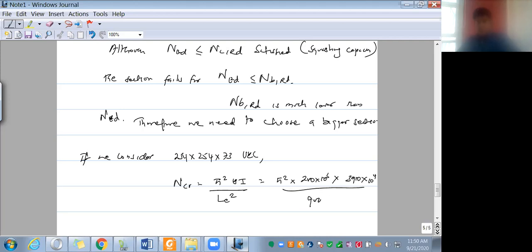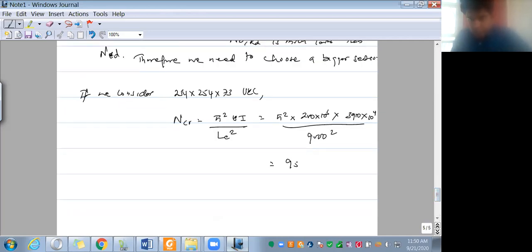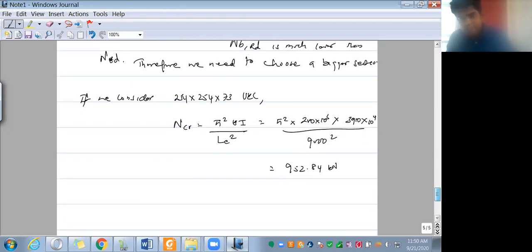Over L squared, with L being 9,000 squared. So N_cr is pi squared into 200,000 into 3910 into 10 to the 4 divided by 9,000 squared. So that is 952.84 kilonewton. Okay, that is N_cr.